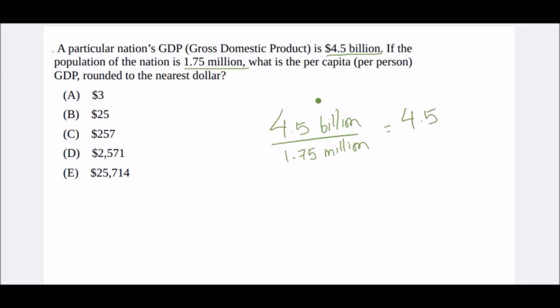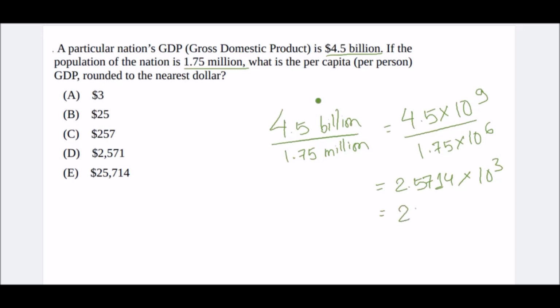The 4.5 billion means 10 to the power 9, and million becomes 1.75 into 10 to the power 6. Solve it, it is equal to 2.5714 into 10 to the power of 3.